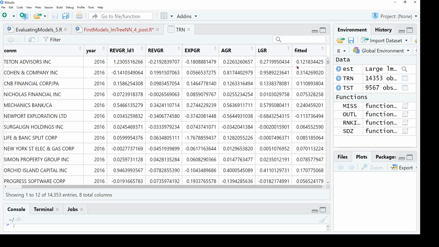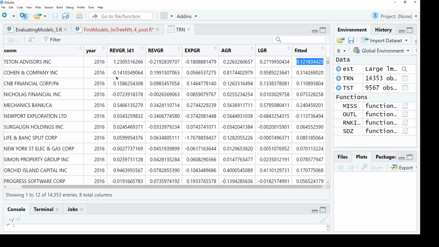This is the prediction for the y variable, so what revenue growth would be next year given the model we have, all those slopes and the intercept, and these observations for this company. So in this case, we see 2016, or this is for the next year, so 2017 revenue growth was 120%. What the model says it should be is 12%, so we're way off there.